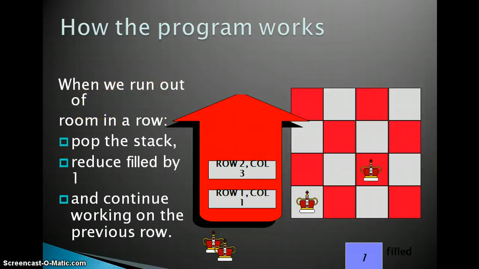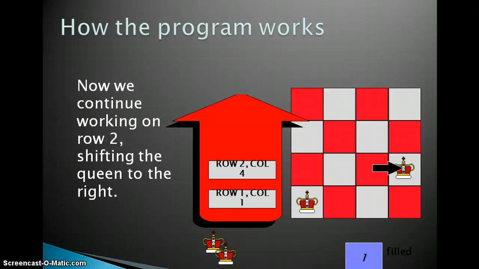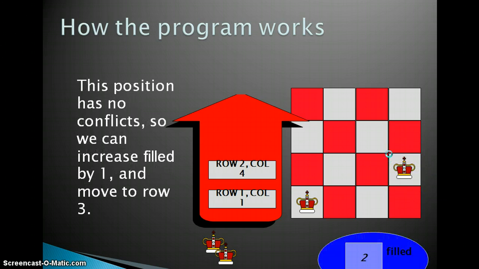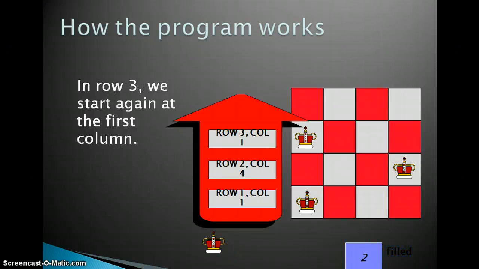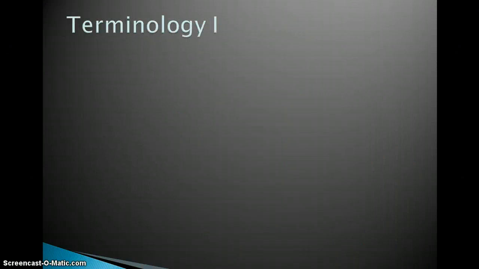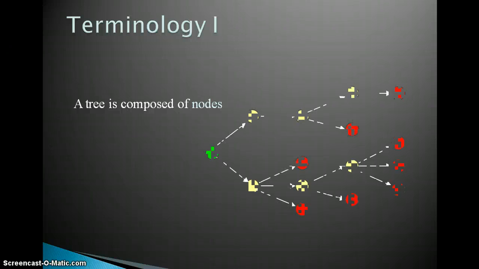So we go back to the previous one, that is row 2, and we place this queen in the last column, because if it is placed in the third column we cannot place the queen in the third row, so we have to refine the solution and place it in the last column. Then we go to the next queen. In that way we can find the solution, and that is the actual backtracking.